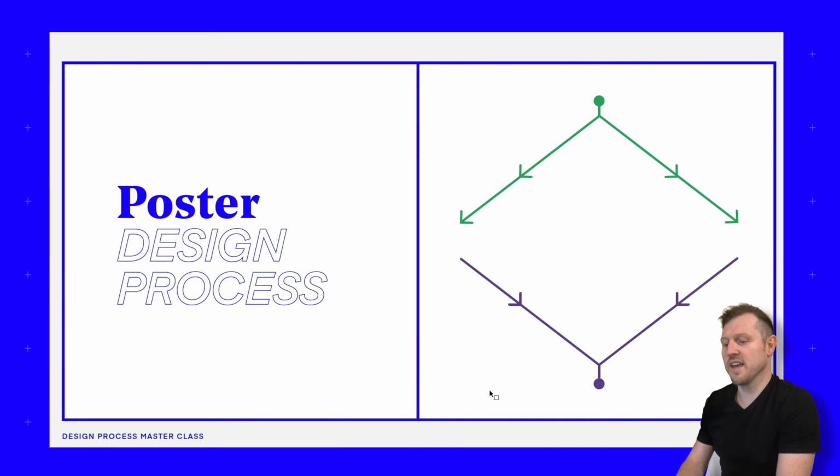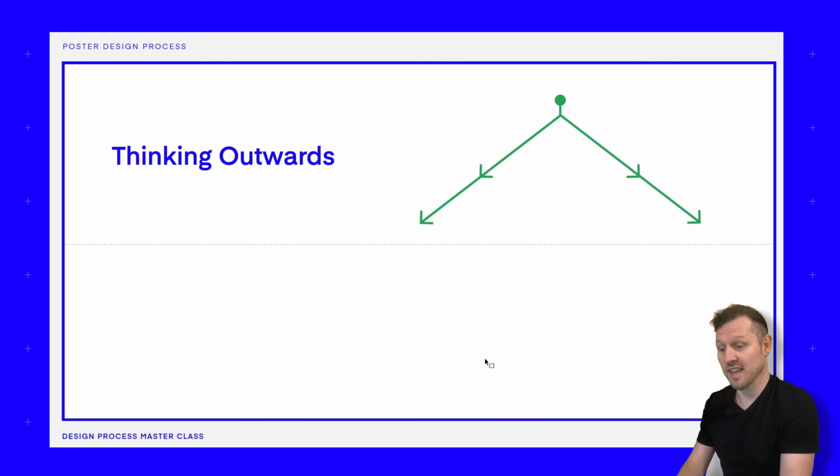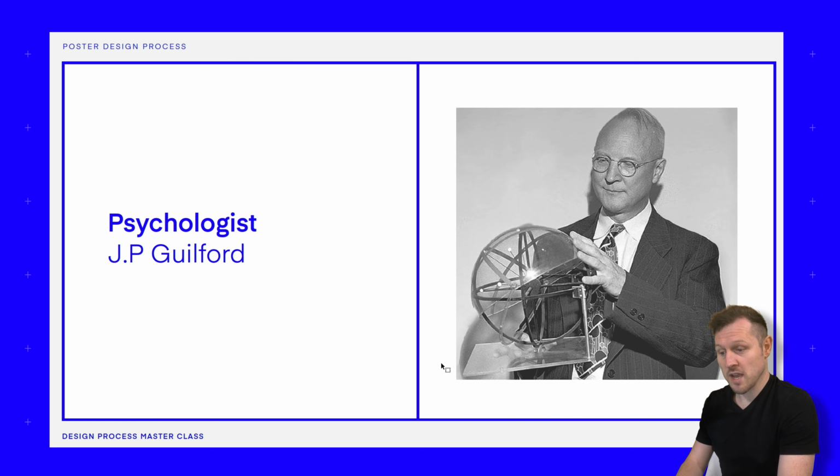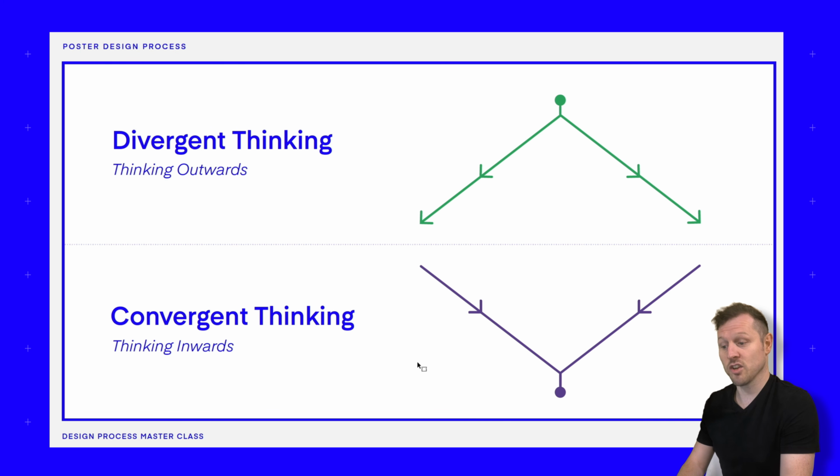So when undertaking design projects, a designer, knowingly or not, will initially focus on a process of thinking outwards, leading to a process of thinking inwards. Psychologist J.P. Guilford termed this process as divergent and convergent thinking. And it's this thinking process that is fundamental to the design process.